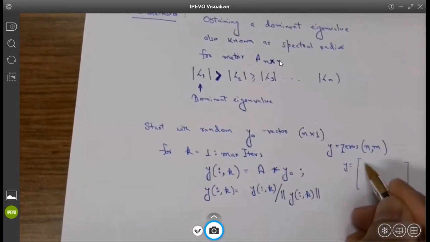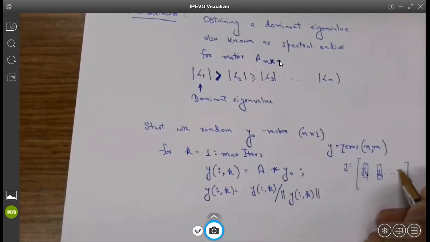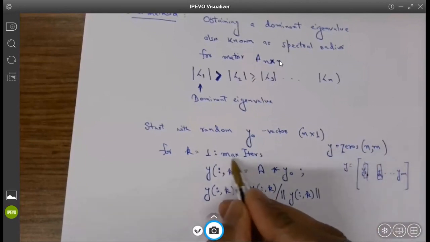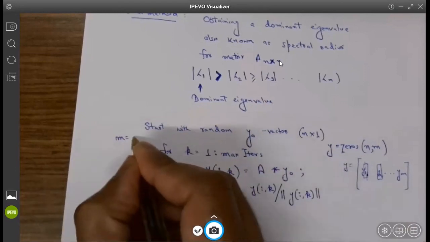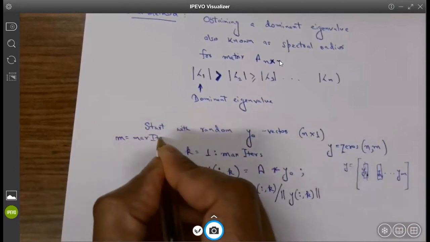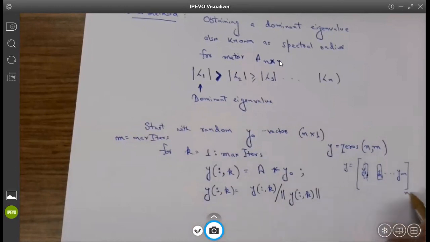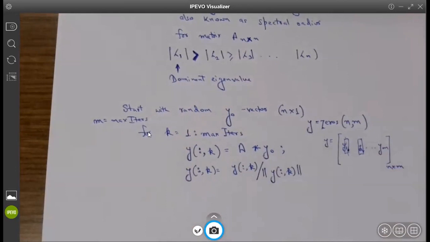So this is y1, this is y2, like that, and you have to go till m. M corresponds to the max iterations, and this is n cross m. So you are initializing your y matrix beforehand.